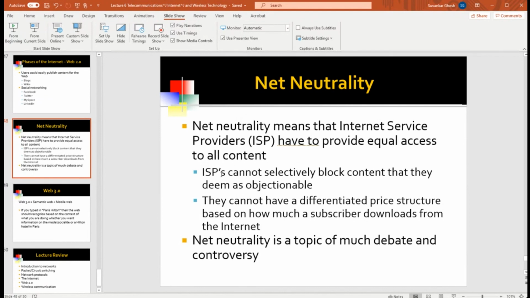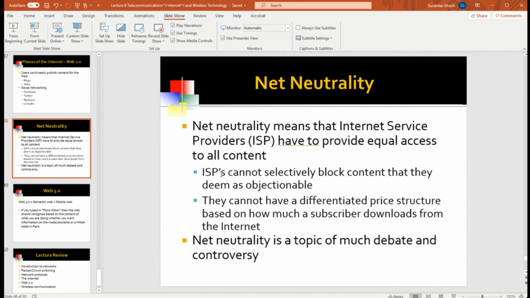And so the United States follows net neutrality, which is that unless the information is extremely objectionable, such as pornography, child pornography or terrorism or something like that, that kind of information is banned, yes. But the United States doesn't ban other types of information you can have.